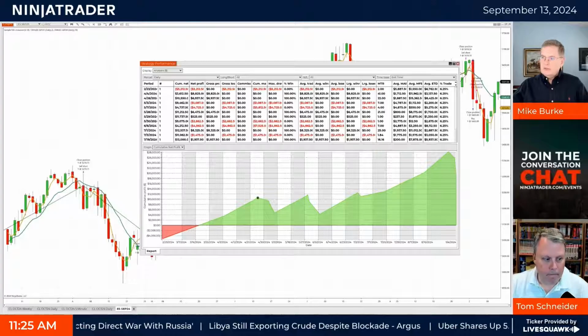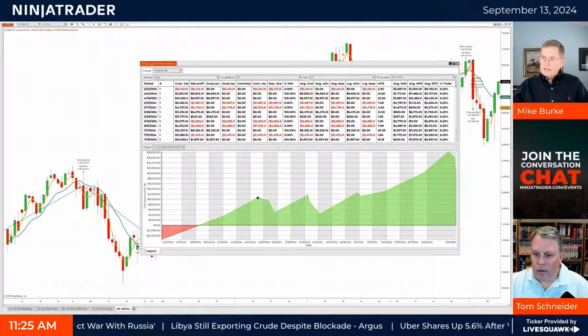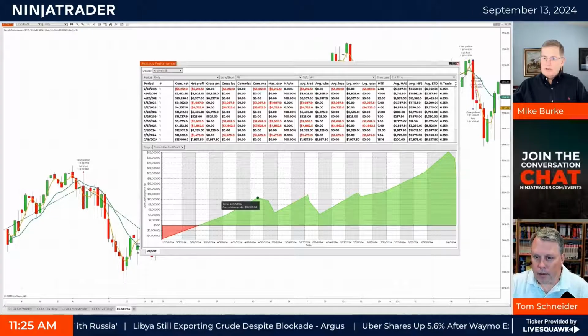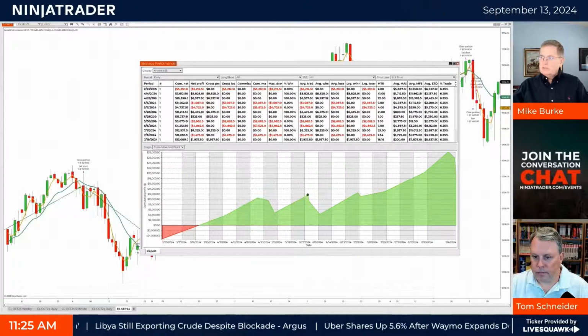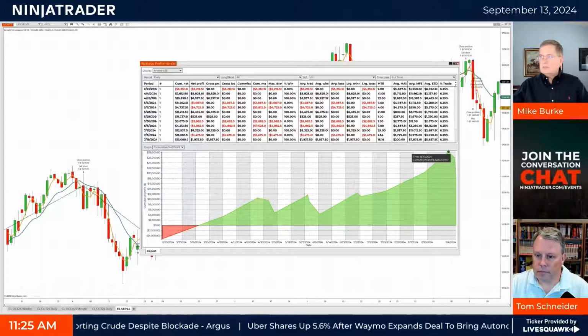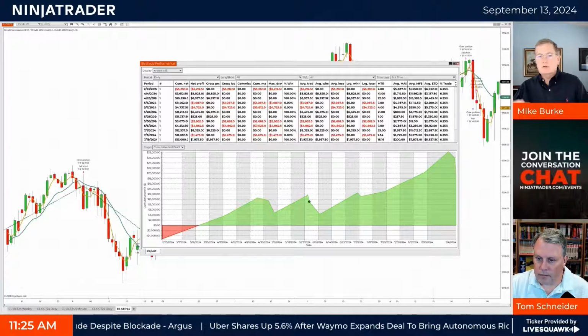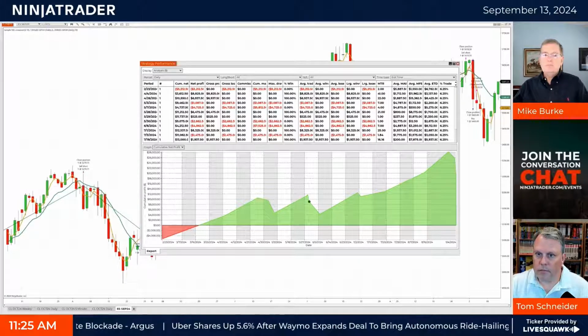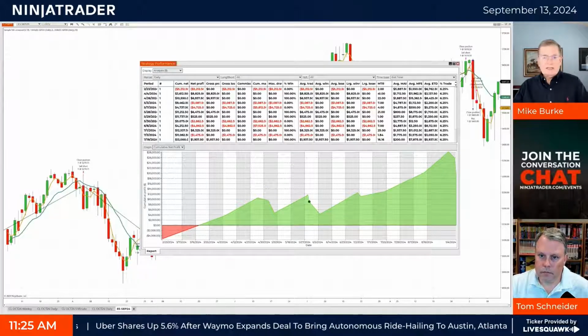And so you can see here the little green dot, that's an equity peak up until that point in the strategy. And then this one is a little bit higher. This one's a little bit higher. Of course, this one is much, much higher. And that's what we're looking for. We're looking for consistent, higher equity peaks throughout the historical back test.